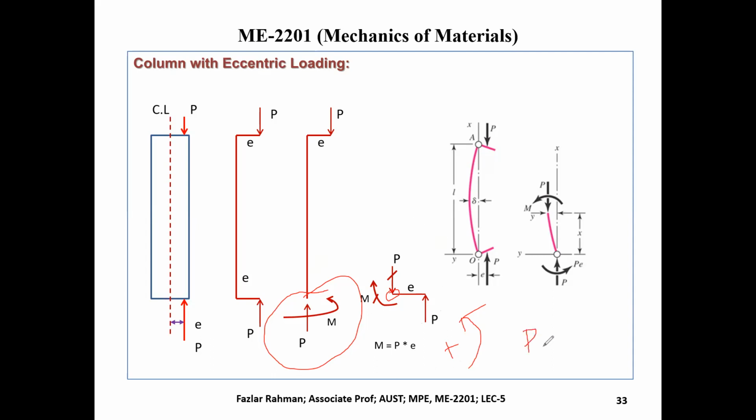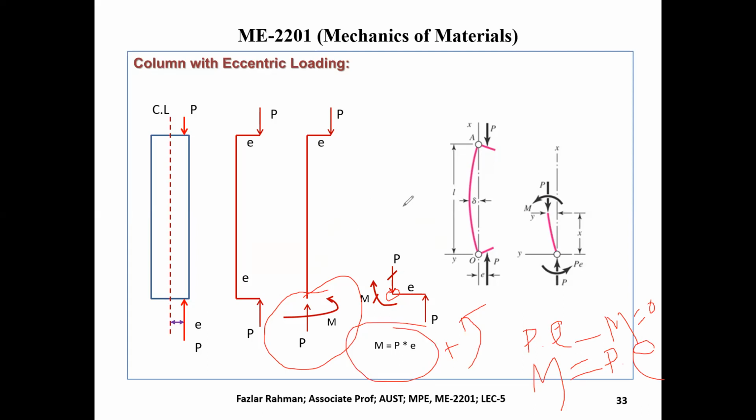So P into e. And this one is clockwise, so it will be minus M. Minus M equal to 0. So what is M? M equals P into e. This is the value that I figured out right over here.